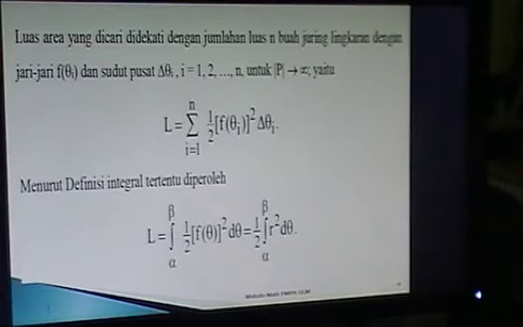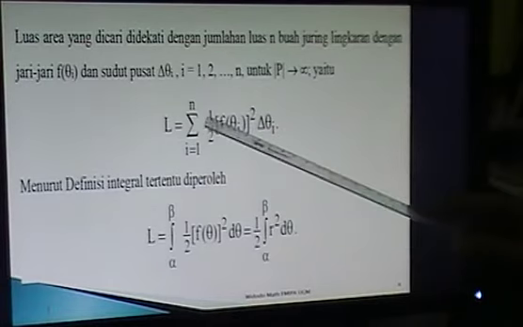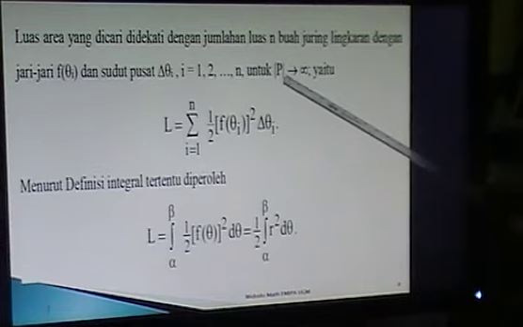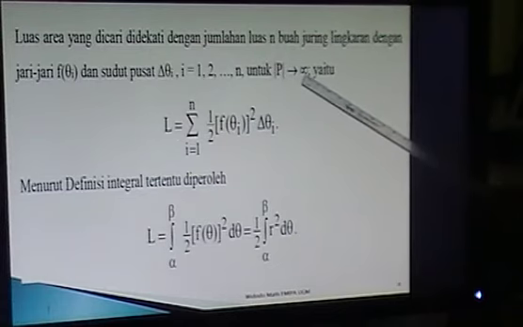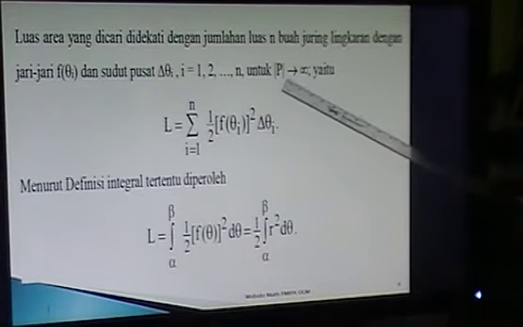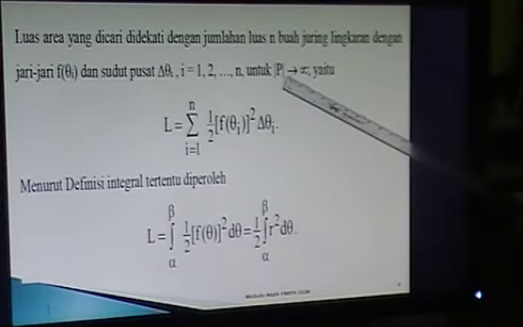By using this approach, according to the definition of definite integral, if we take the limit, this is P tends to 0, it is false, it is not P tends to infinity, but P tends to 0. If the norm of P tends to 0, then n tends to infinity.